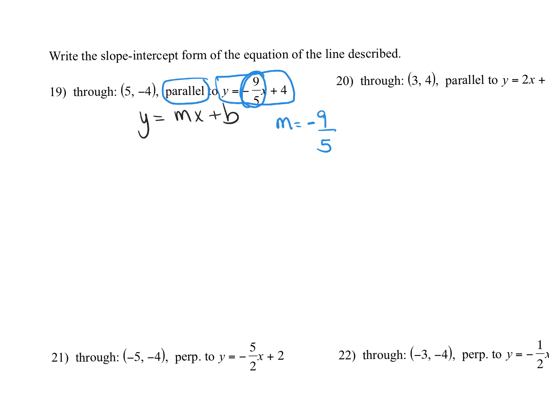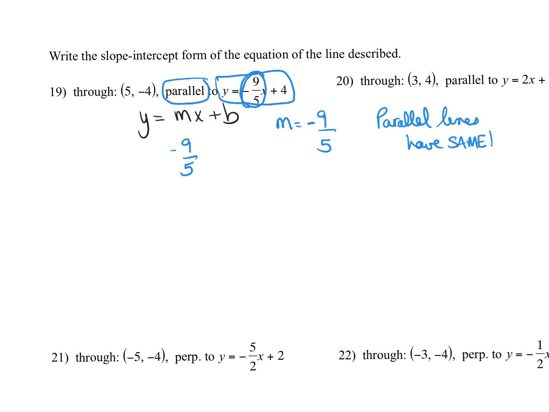What we need to remember is that parallel lines have the same slope. For us to be able to graph two parallel lines that don't intersect, they have to have the exact same slope. So my m is already given to me. It's -9/5.